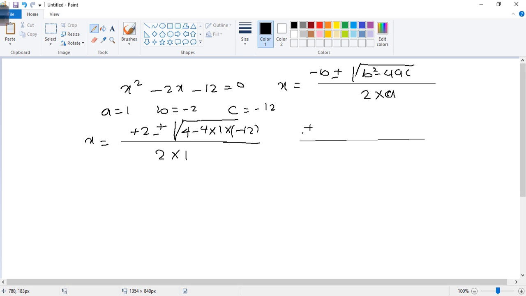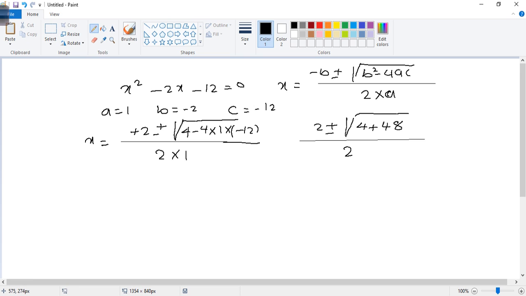So it will be 2 plus minus square root of 4 times 12, minus times minus will be plus, and 4 times 12 is 48, divided by 2.